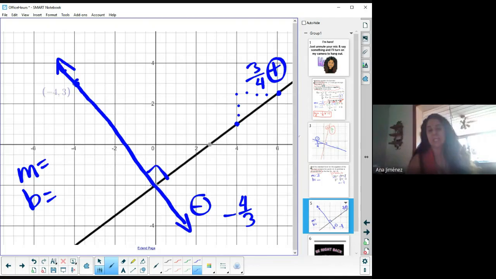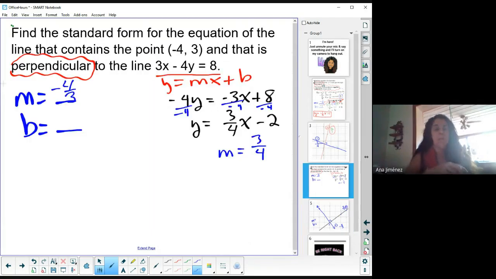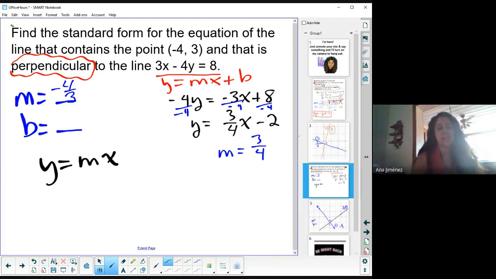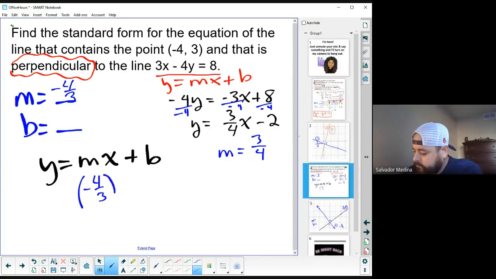So now I need the y-intercept. And I'm looking at this, and I think I already know what the y-intercept is, but I'm going to go ahead and solve it algebraically. So I'm going to use y equals mx plus b. We already have the m. You just told me it was -4/3.